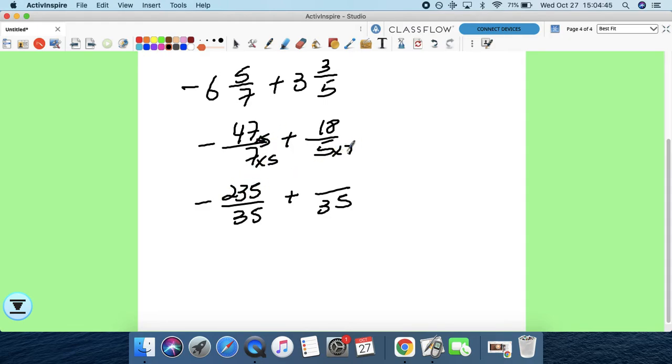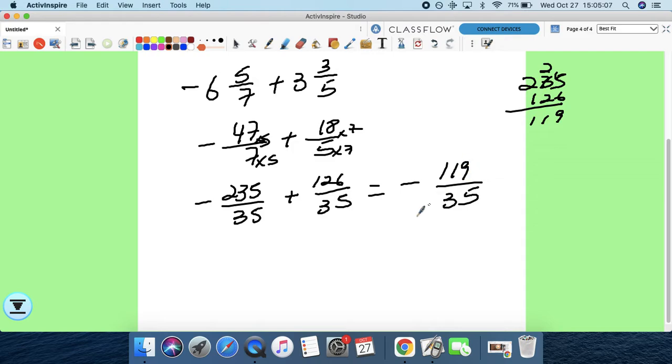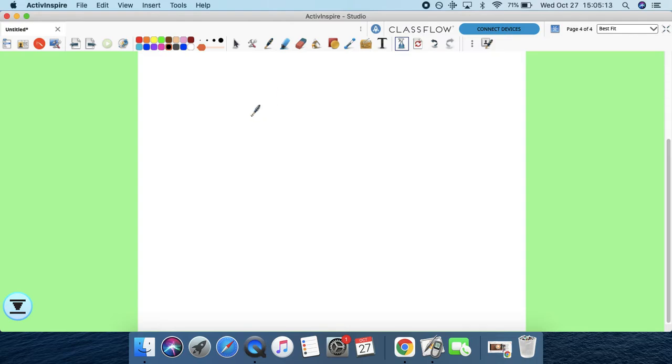And this is times 7, so times 7 on top, and 6, 126. Now we know it's a negative plus a positive. The negative has a bigger absolute value, so my final answer is going to be negative. So 35 goes over here, and we subtract, right? We want to find the difference between these two. That looks like -119. You can change it to a mixed number. I'm just not going to do that due to time.